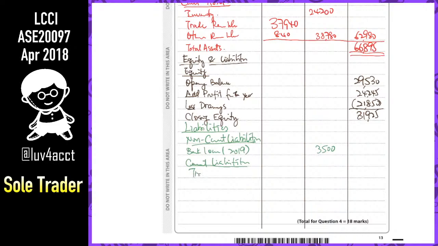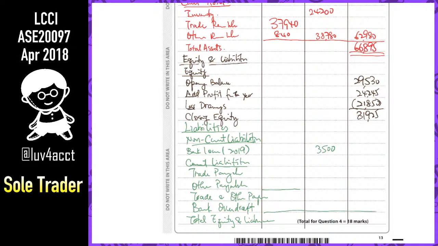We have trade payables, other payables, and then we have trade and other payables, and then we have bank overdraft. Then we'll have total equity and liabilities. Okay, so that would be like this.